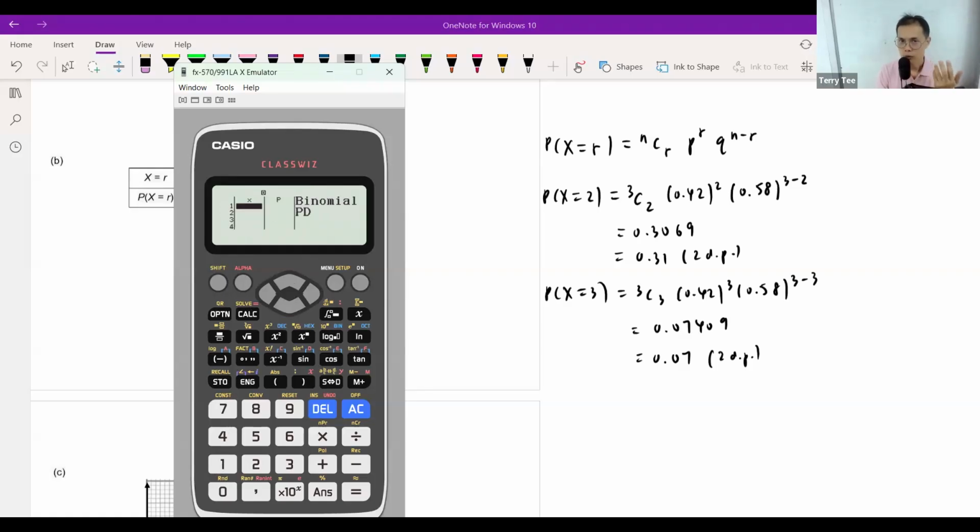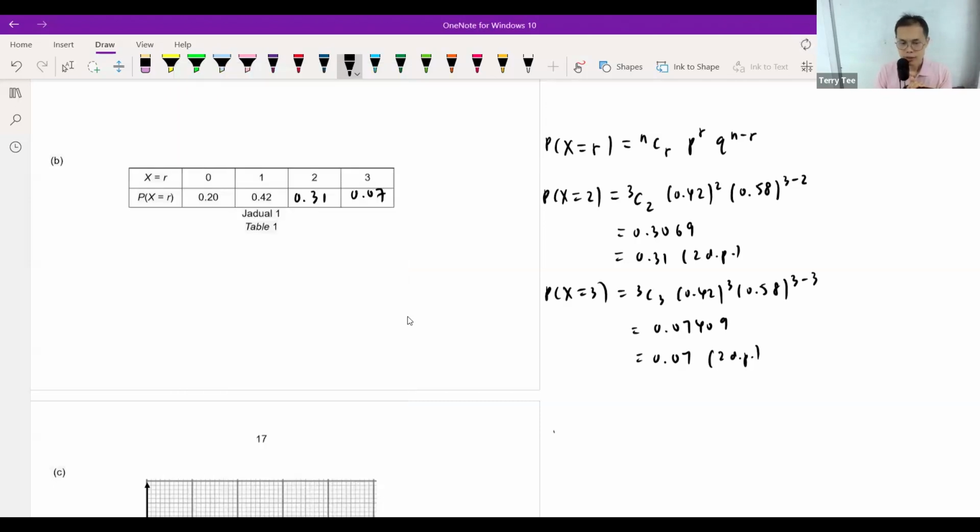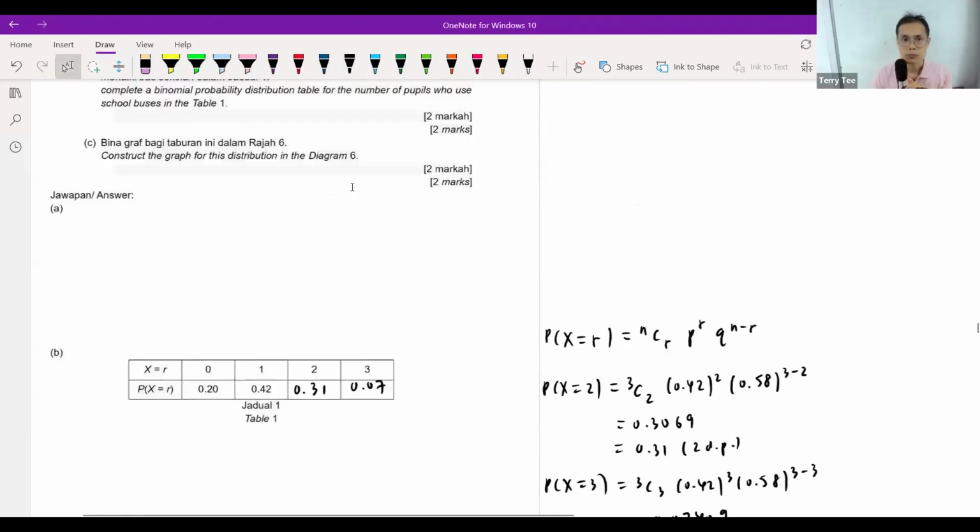We want to find 2 and 3, so put 2, put a 3, plus equals. Your n is 3. Your p is your probability of success, in this case 0.42. Notice you get the answer straight away. 0.3069, right? This is 0.074. Very, very fast.